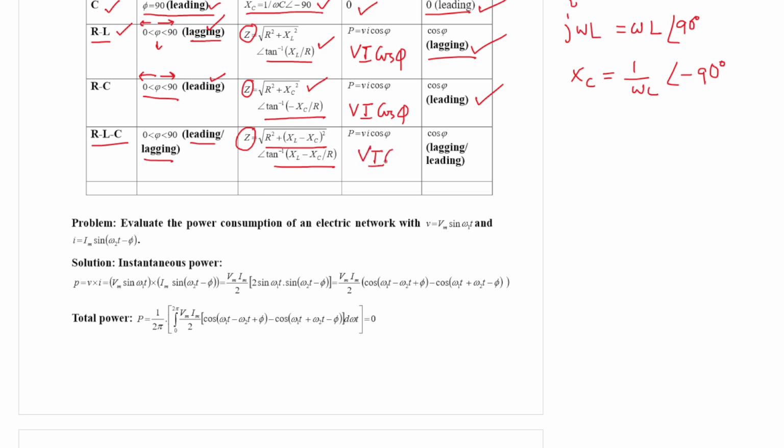It dissipates a power of V into I cos phi, and power factor remains cos phi. Depending on the values of L and C, it will be lagging or leading. If it is inductive in nature, it is lagging. If it is capacitive in nature, it is leading.